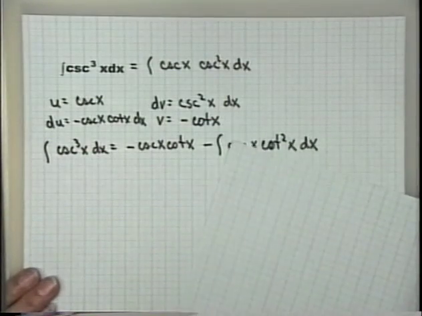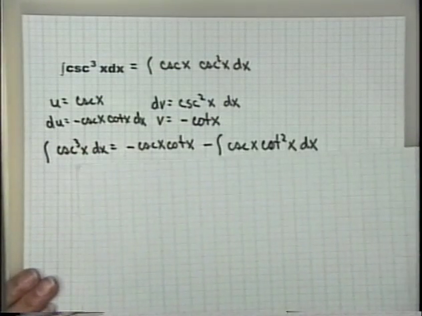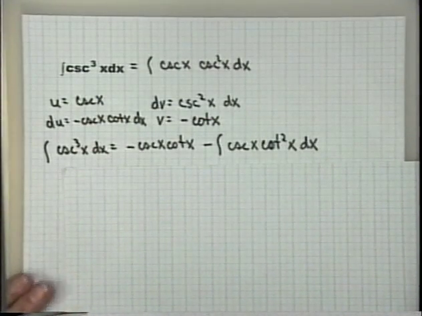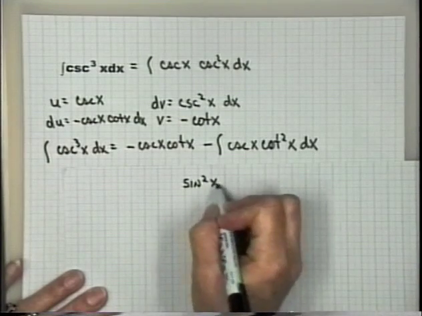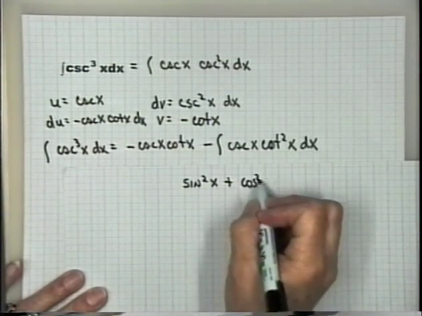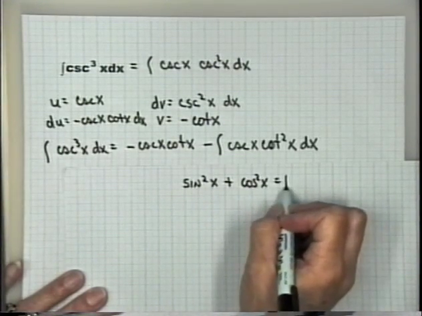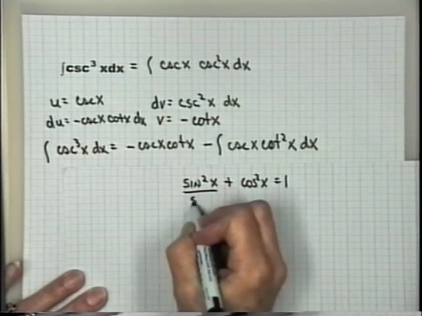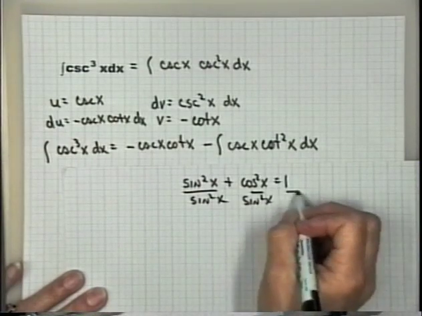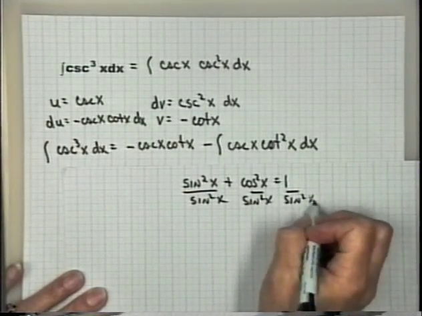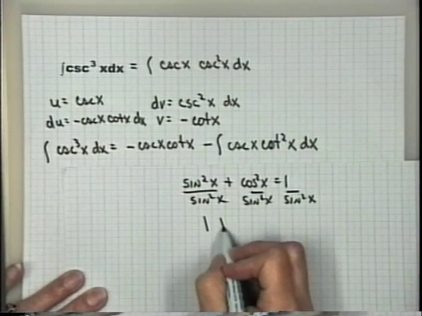I don't want to do parts again, but what I want to remind you is that you do have trig identities. Everybody remembers this one, sine squared x plus cosine squared x equals 1. Notice if we divide everything by sine squared x, and I'm doing this because I'm thinking you may have forgotten this identity, you get 1.